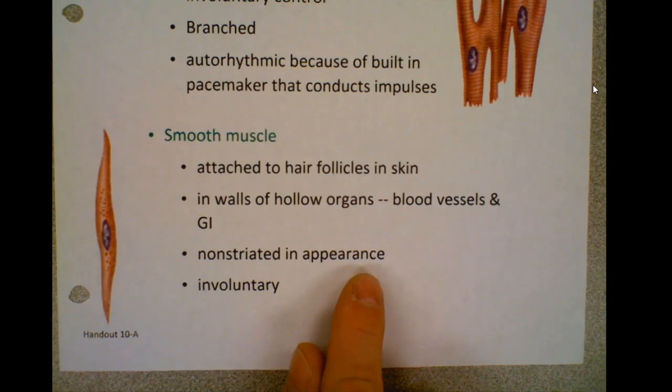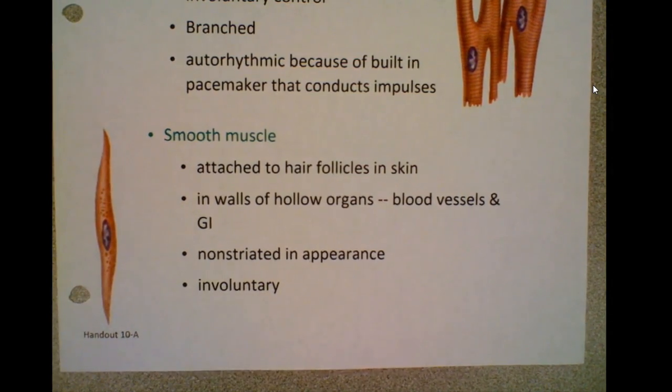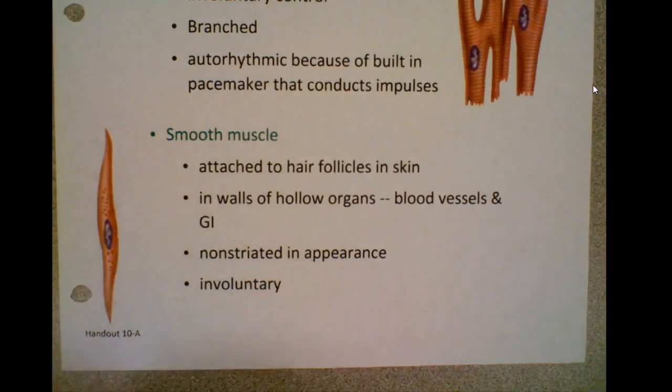Smooth muscle does not have any striations, all right? Non-striated. It's also involuntary, and it is the muscles that are in your organs. So any organ that contains muscle, blood vessels, your stomach, your uterus, your esophagus, your intestines, any muscle in an organ is a smooth muscle.